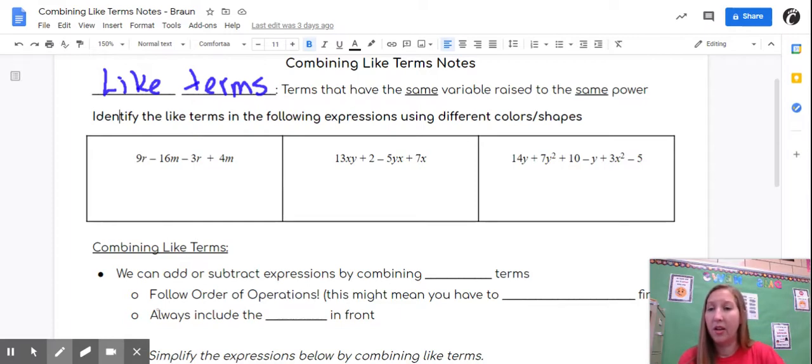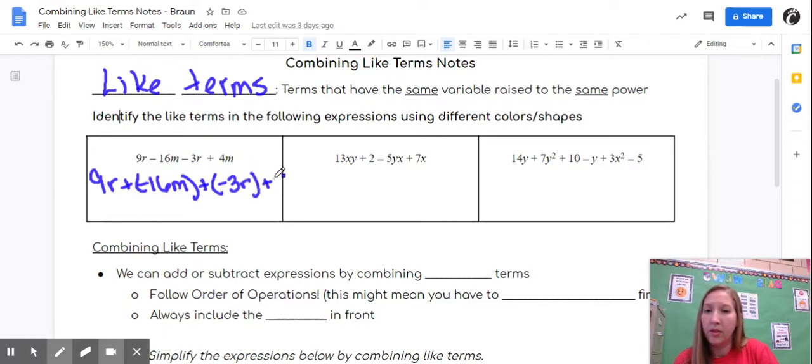we change our sign. So if we look here, I'm going to rewrite this as 9r plus negative 16m plus negative 3r plus 4m. Now, I'm going to use some different colors here, and I'm going to circle my like terms.